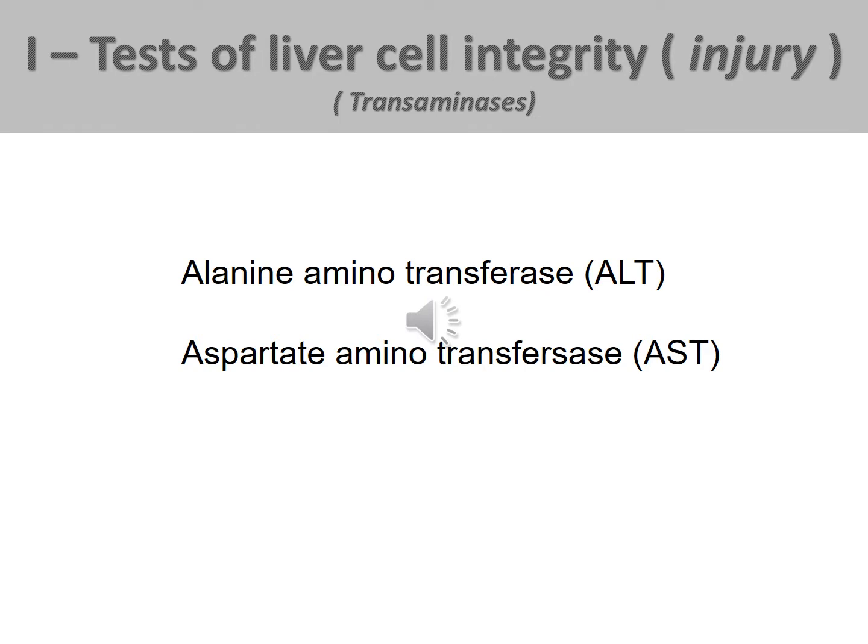The first group, tests of liver cell integrity or injury. These are the transaminases. They include alanine aminotransferase and aspartate aminotransferase. The old names are GPT for alanine aminotransferase, and GOT for aspartate aminotransferase.